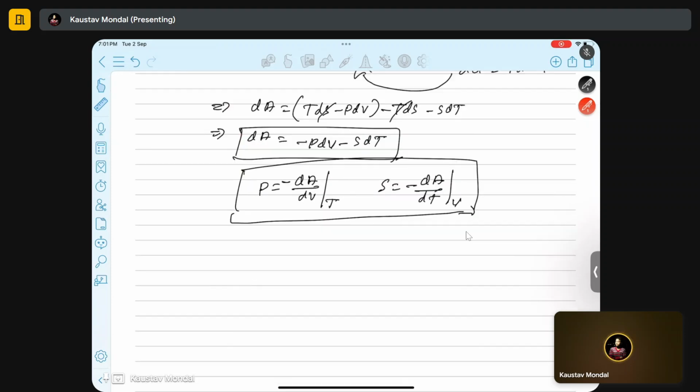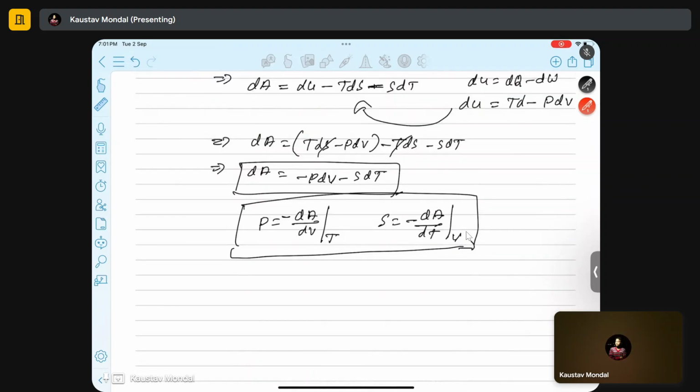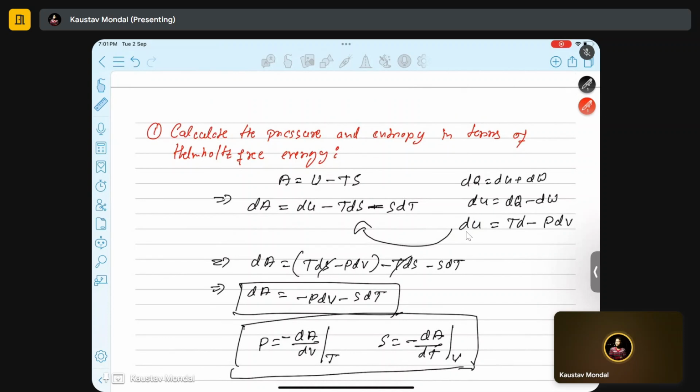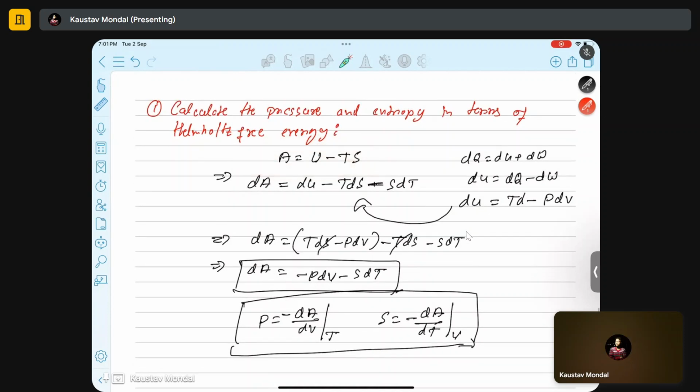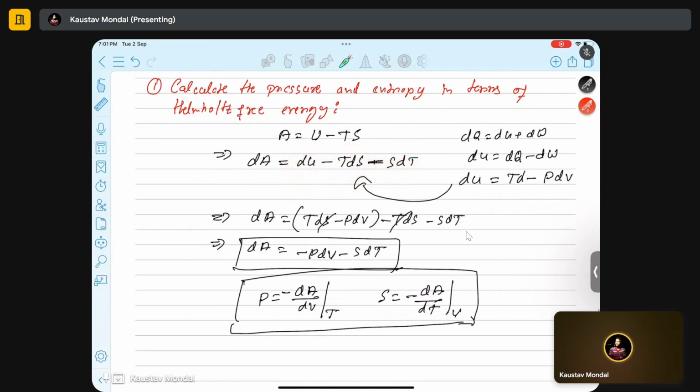These are sufficient expressions to express the pressure and entropy in terms of the Helmholtz free energy. This is very straightforward. First write the Helmholtz free energy expression, then write the differential form, dA equal to dU minus TdS minus SdT. Then substitute the expression of dU from the first law, dU equal to TdS minus PdV.